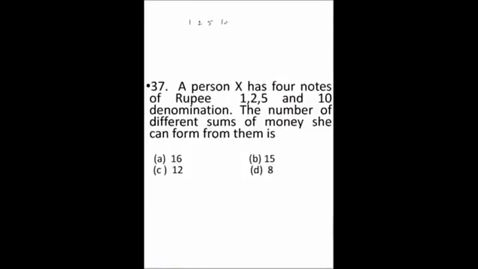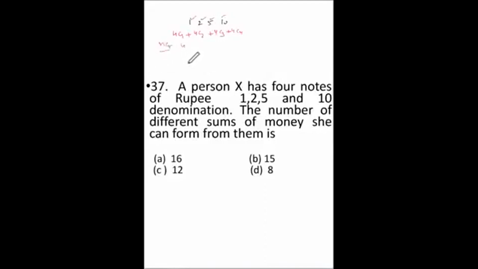A person X has 4 notes of rupee 1, 2, 5 and 10 denomination. The number of different sums of money she can form from them is, so she can take 1 at a time out of 4 because 4 types are there, 2 at a time, 3 at a time and all the 4 at a time. So we can apply the formula nCr.